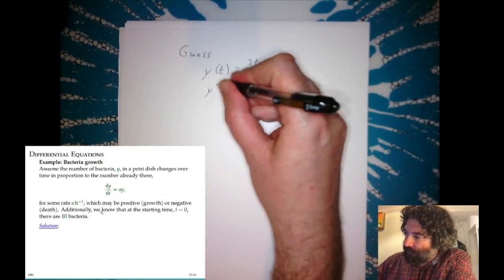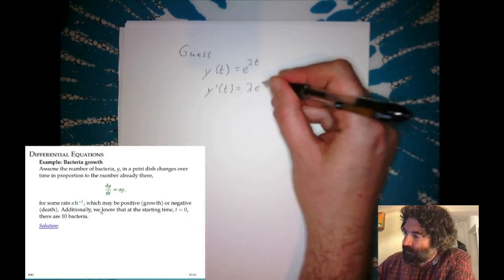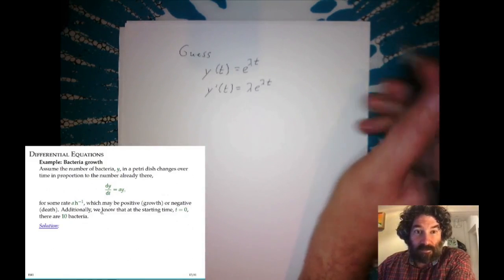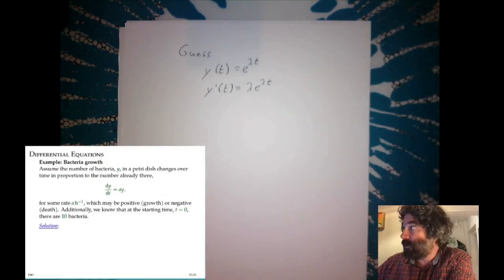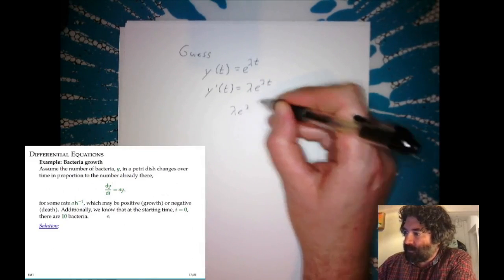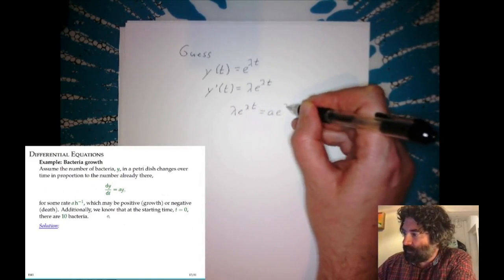Then the derivative is λe^(λt). And if we put that into the differential equation here, then you see you have λe^(λt) equals ae^(λt).